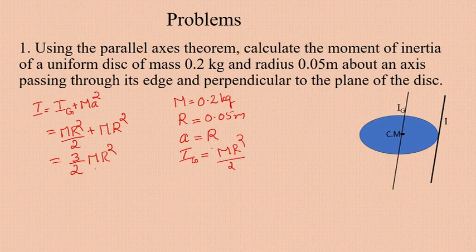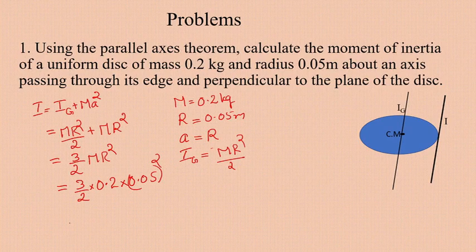Now let us substitute the corresponding values: 3 by 2, m is 0.2 kilogram, radius 0.05 square.